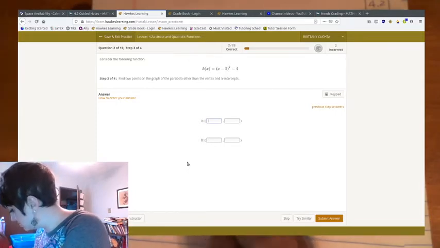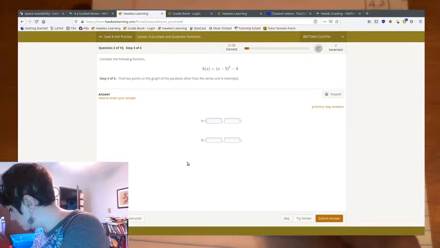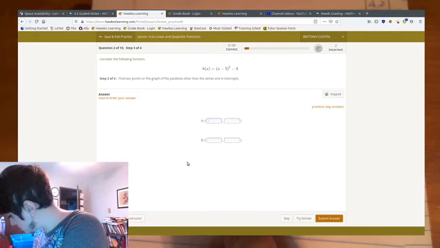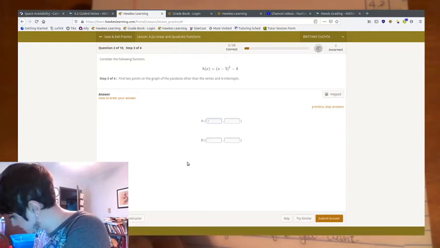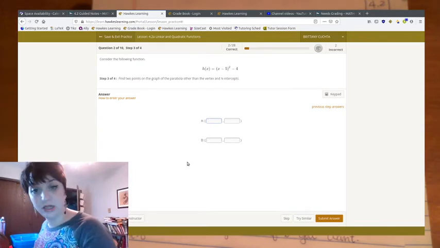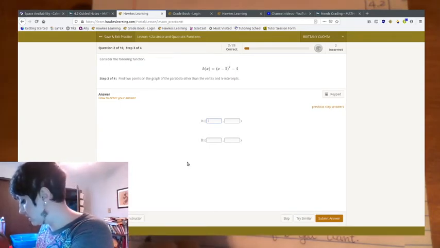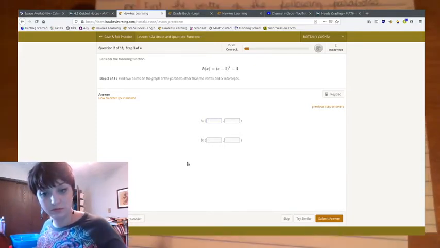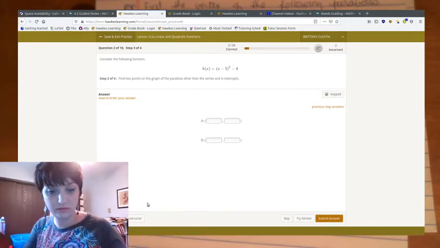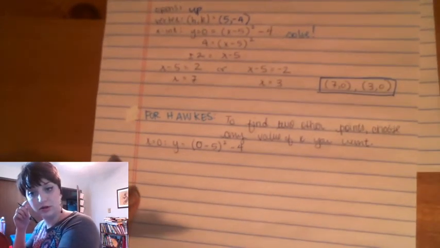So x equals 0 is usually pretty easy. Sorry, I forgot I had the screen on top of my paper.